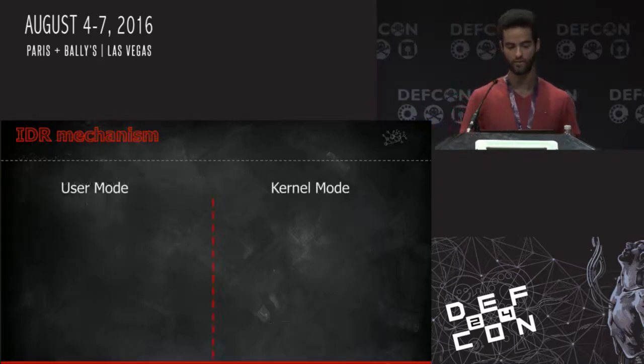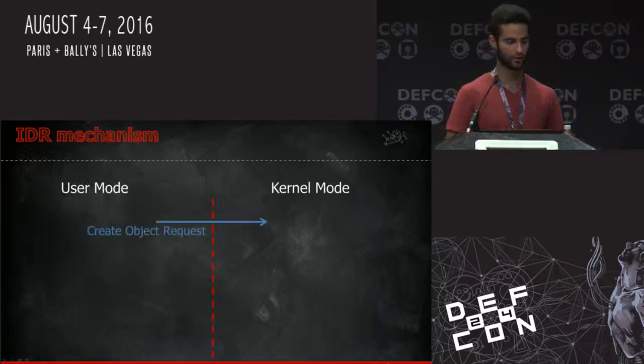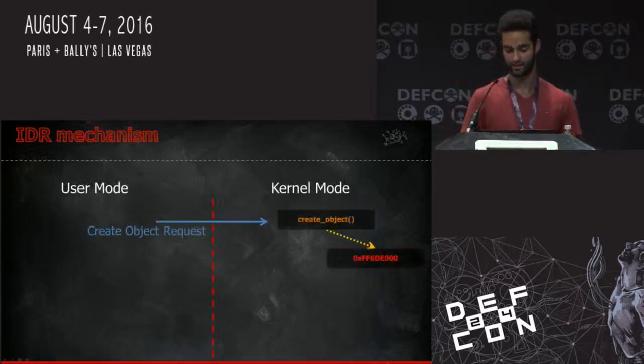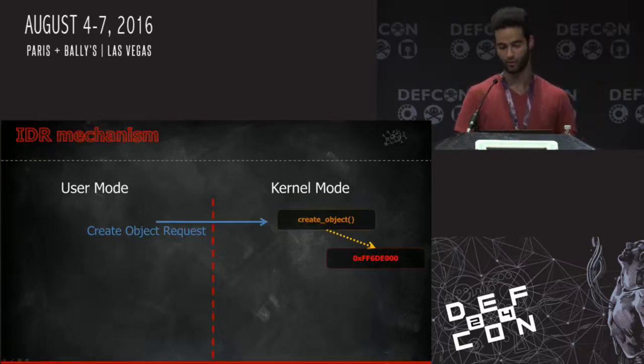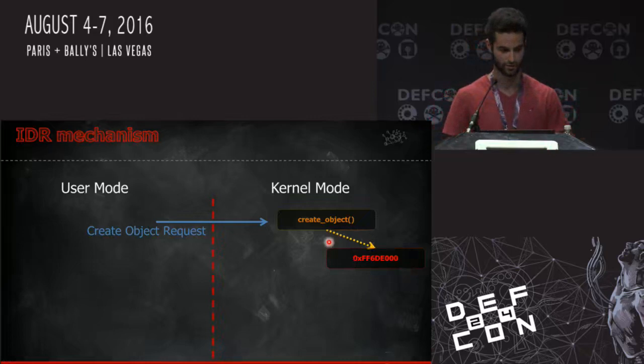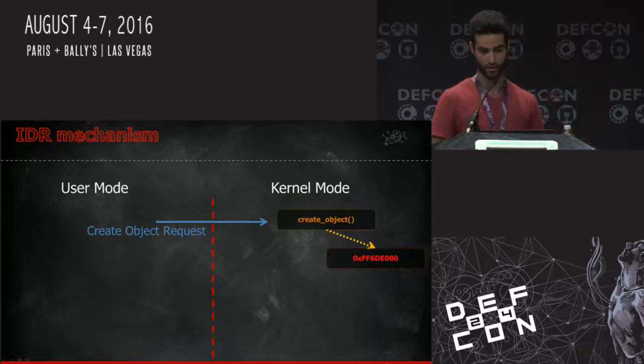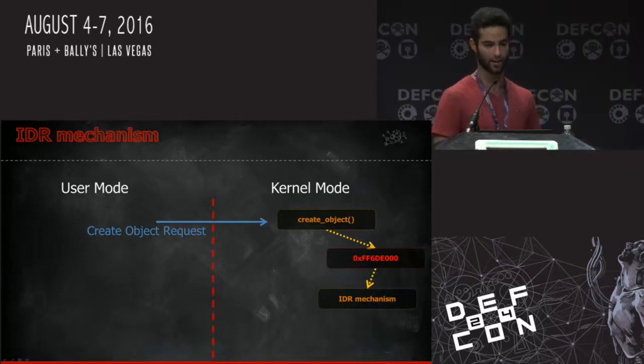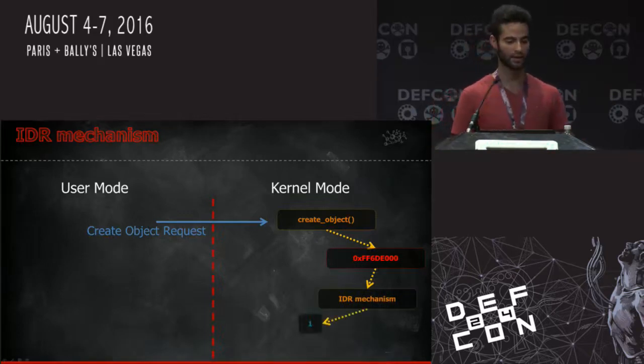So how does it look? The user wants to create an object, so it sends the kernel a create object request. Now the kernel allocates data and initializes a new object. Now the kernel doesn't want to give back this address to the user. So instead of doing this, it just passes this address to the IDR mechanism, which now maps between this address and the number 1.